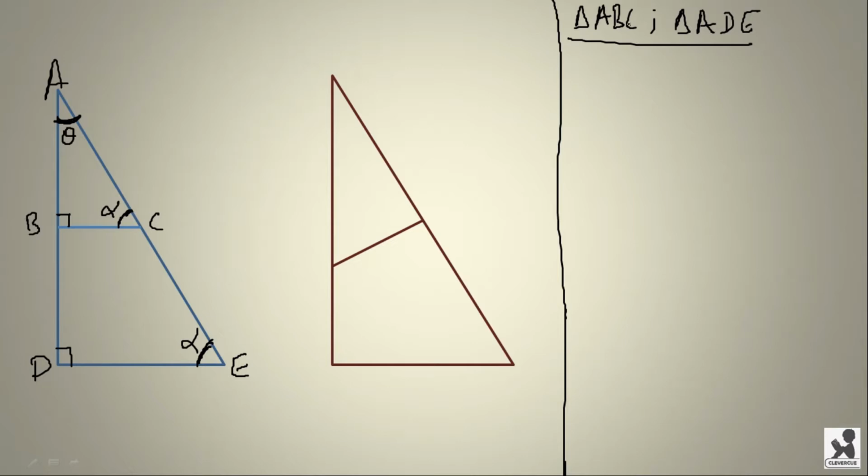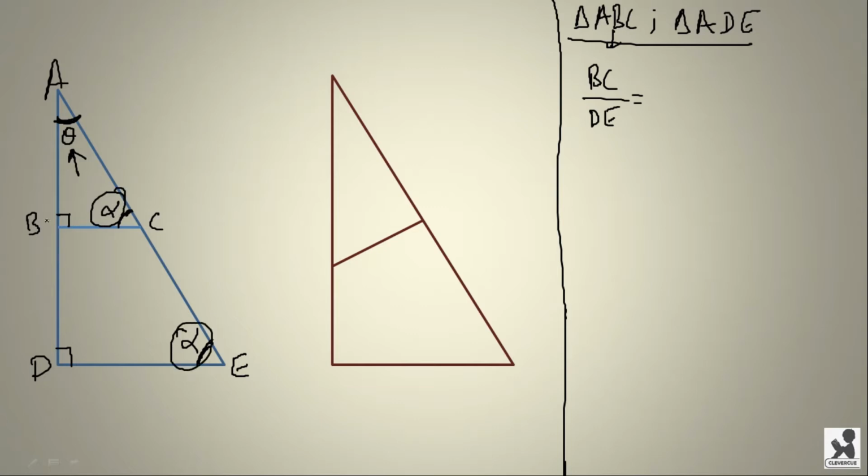Now let us see the opposite side corresponding to angle theta is BC in triangle ABC, and in triangle ADE it is DE. BC by DE will be equal to, now let us consider angle alpha.